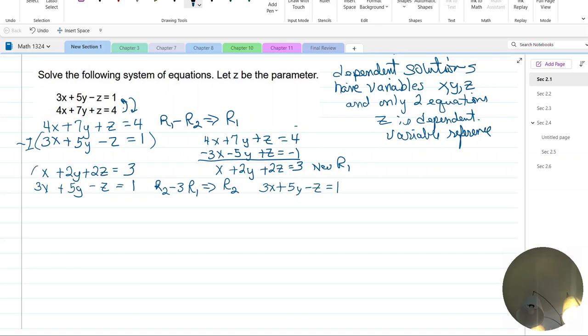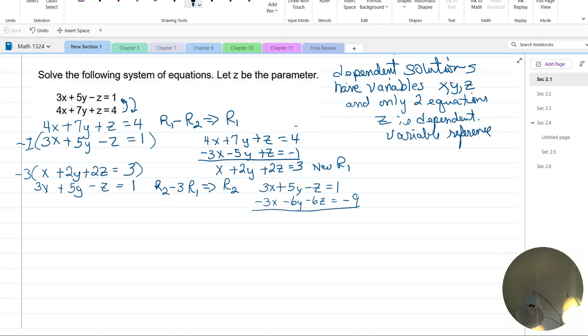And now I'm going to multiply row 1 by a negative 3, and that gives me negative 3x, negative 6y, negative 6z, and negative 9.